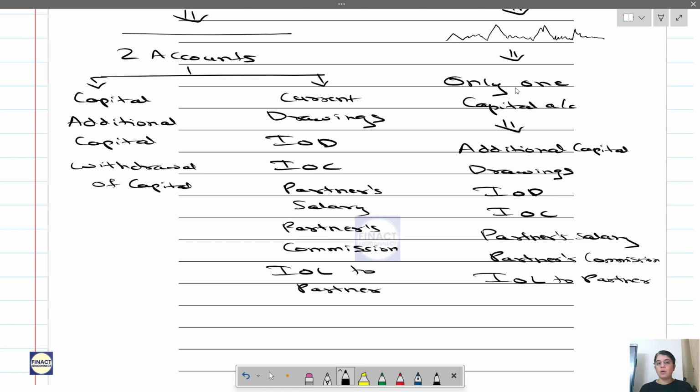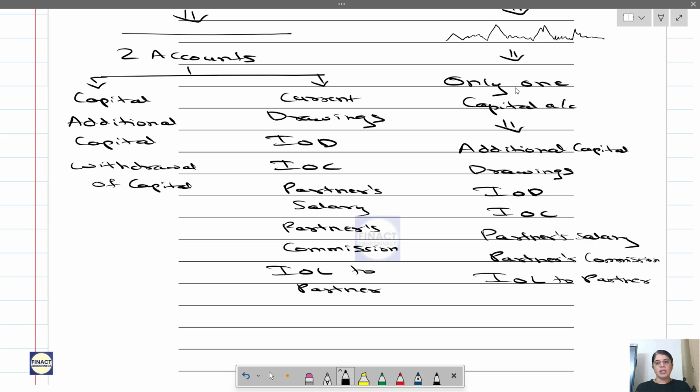I told you, withdrawal of capital is permanent, whereas drawings are regular, wherein the partner is taking out some amount out of his capital account for meeting his day-to-day expenses. He will keep on withdrawing those amounts regularly. So those are drawings. Whereas withdrawal of capital is when the actual investment in the firm needs to be reduced, and at that time that capital will be permanently withdrawn by the partner. We have already discussed this in detail in previous sessions.